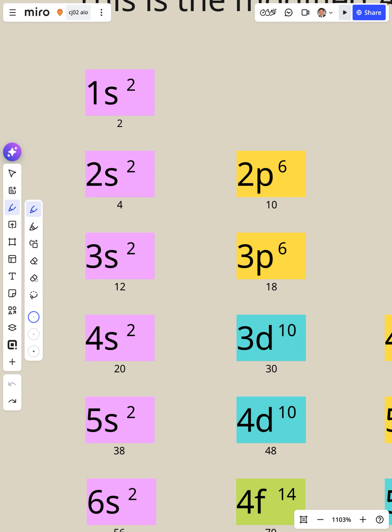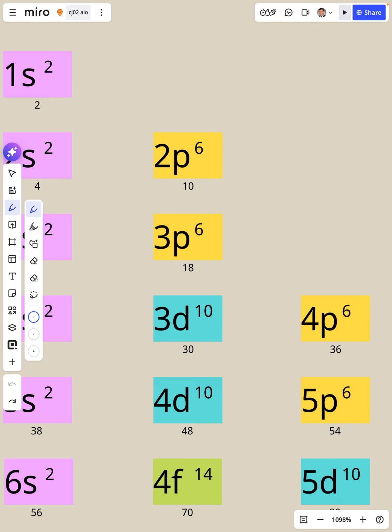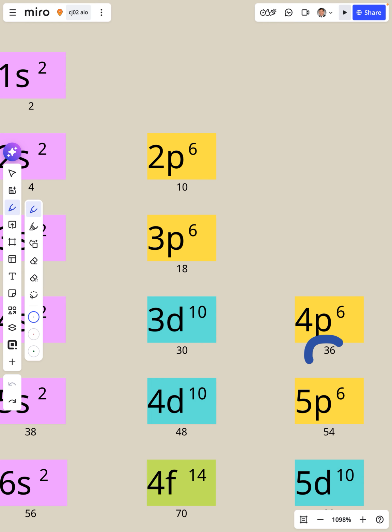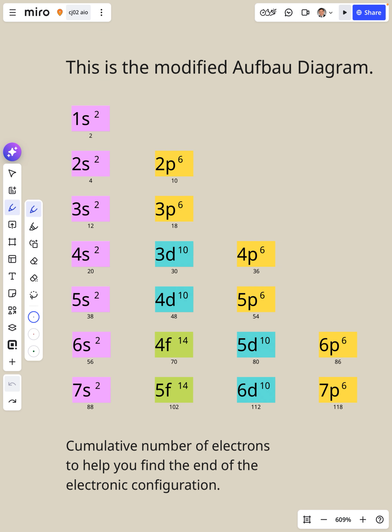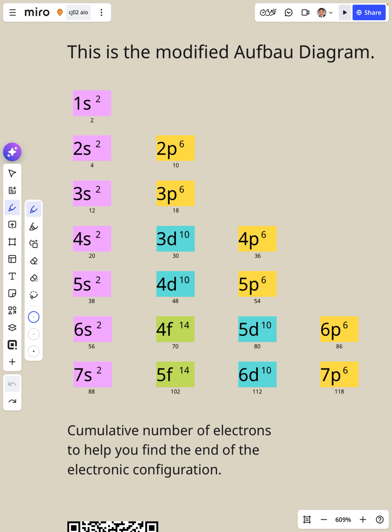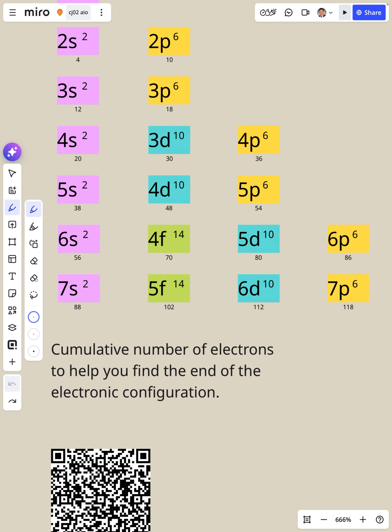So for example, if you end at 4p6, that means you have 36 electrons until then. That makes our work easier. It's the cumulative number of electrons at the bottom of every subshell.